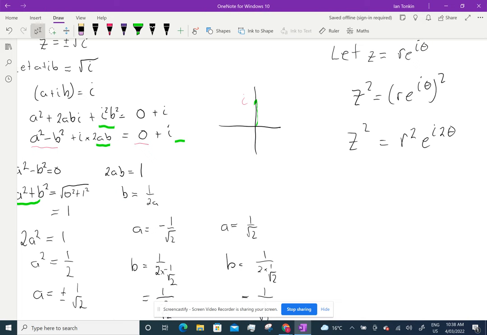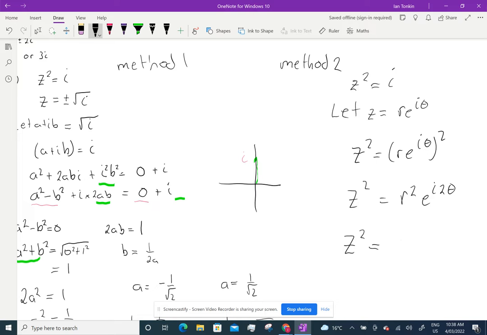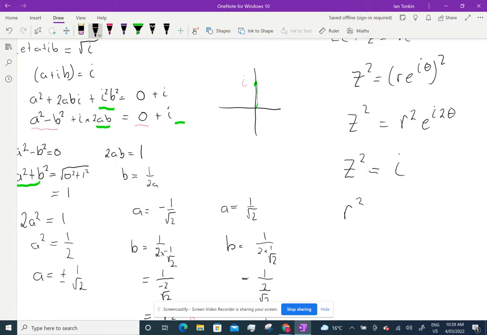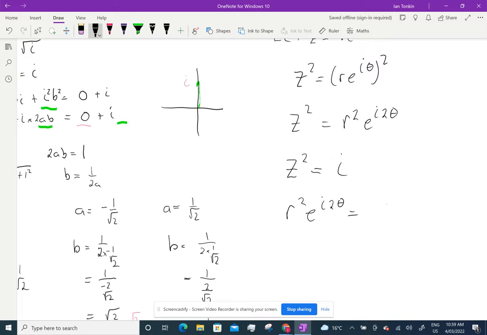Now, z squared also equals i. So that means r squared e to the i 2 theta equals i.